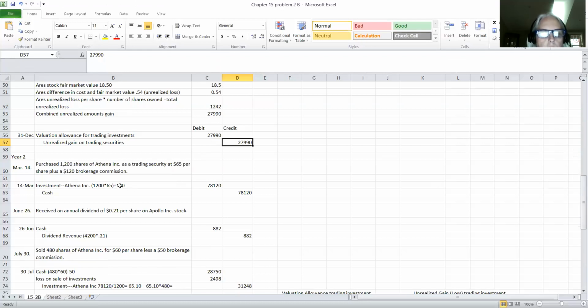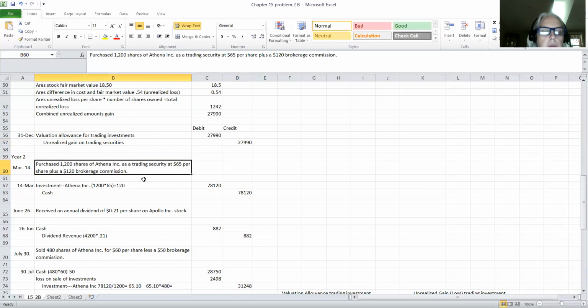In year two, we purchased some Athena stock. So now we've got not only Apollo stock, but Air stock, but we've just bought some Athena stock. We bought 1,200 shares at $65 per share, plus a brokerage commission. When you buy shares of stock, the broker will charge you a commission.